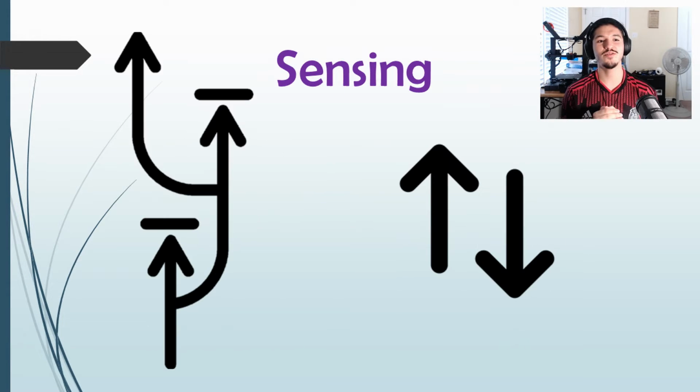So let's move on to sensing. With extroverted sensing, if they come to roadblocks or things like that, they're usually quicker to adapt and overcome those things. They are more in tune with their surroundings. They are quick on their feet in terms of moving, even with their body.